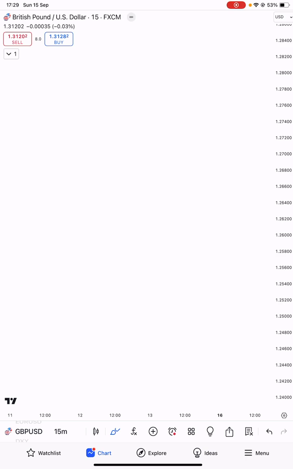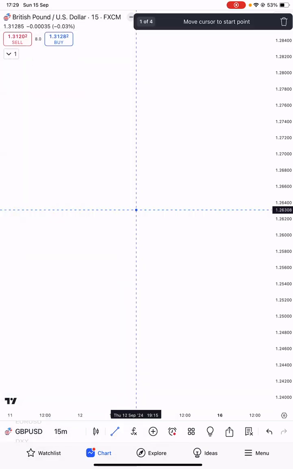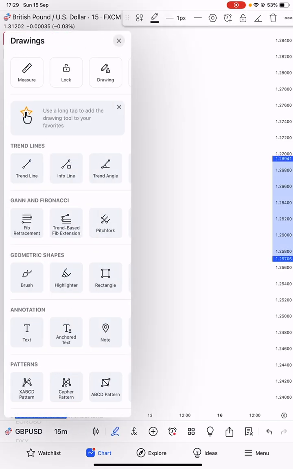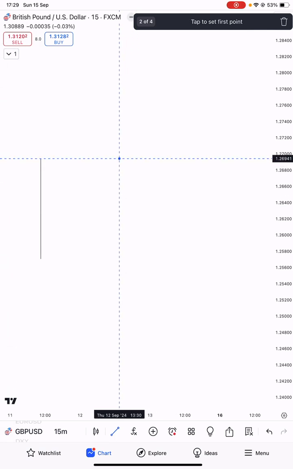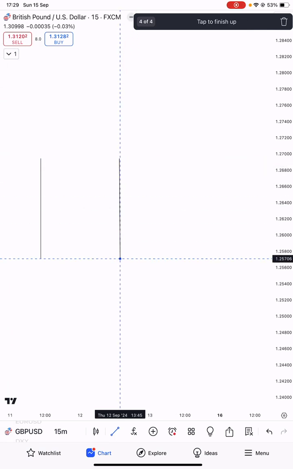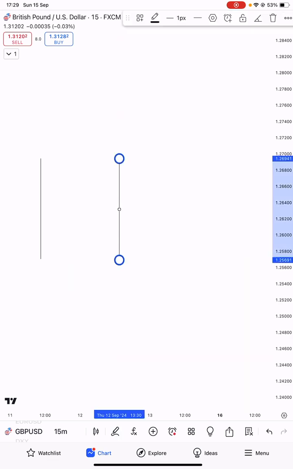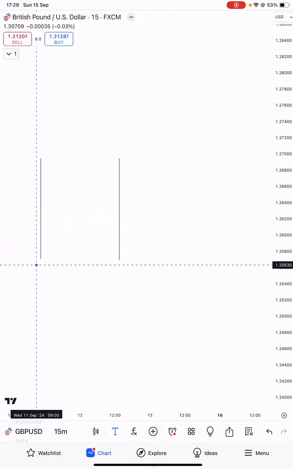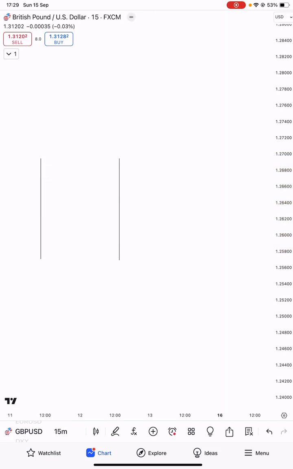Asia is from 20 to midnight. So let's do it like this. If you do a screenshot, you have all the info.